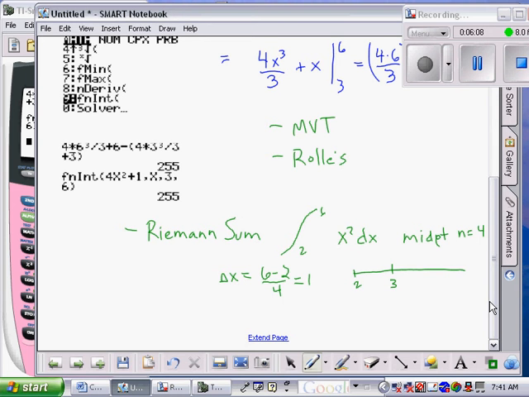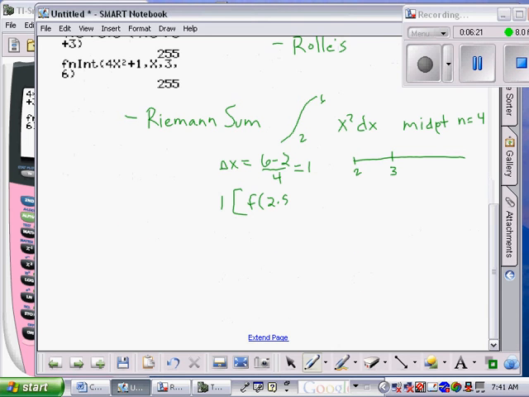And most people, if they get one interval down, because you know that it's 1 unit, so from 2 to 3, then to start it, you put your delta x, and then you just go f of, what's the midpoint of that first one? 2.5. And then you just keep adding your delta x. So if I add 1, I get my next midpoint. Add another 1, I'm at my next midpoint.